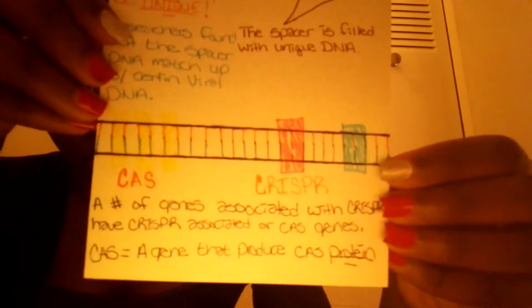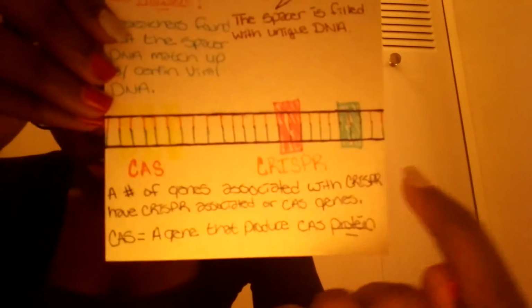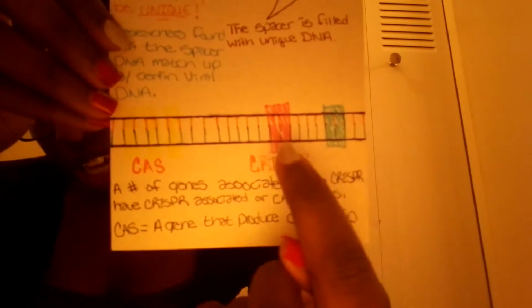Here, I can't get the swirl of the DNA, so I just drew it as a straight line. These two right here are spacers inside of your repeated regularly DNA. In the spacers, they have their unique types of DNA entered in.